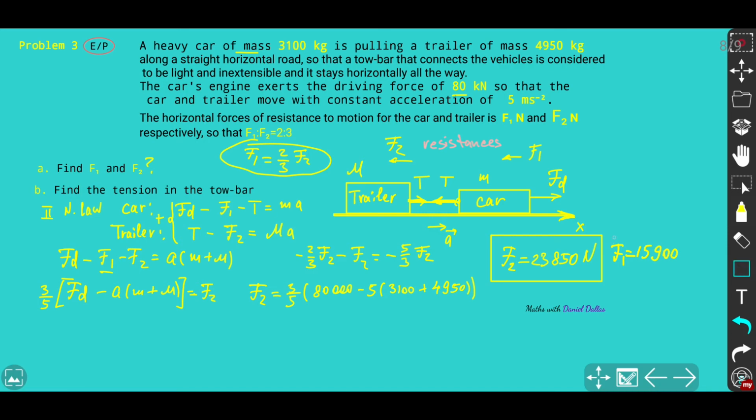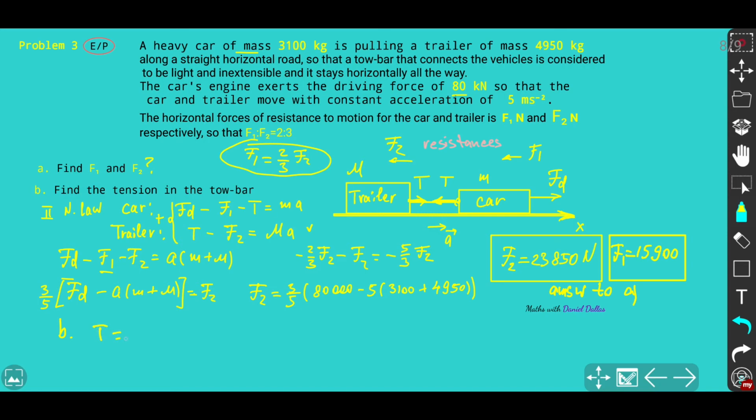So there are two forces of resistance that we are asking about in part A. This is the answer to part A. In B, we need to find the tension in the tow bar. We can use the second equation from here, and to answer part B, we just need to express T. Tension is going to be equal to F2 plus capital MA.